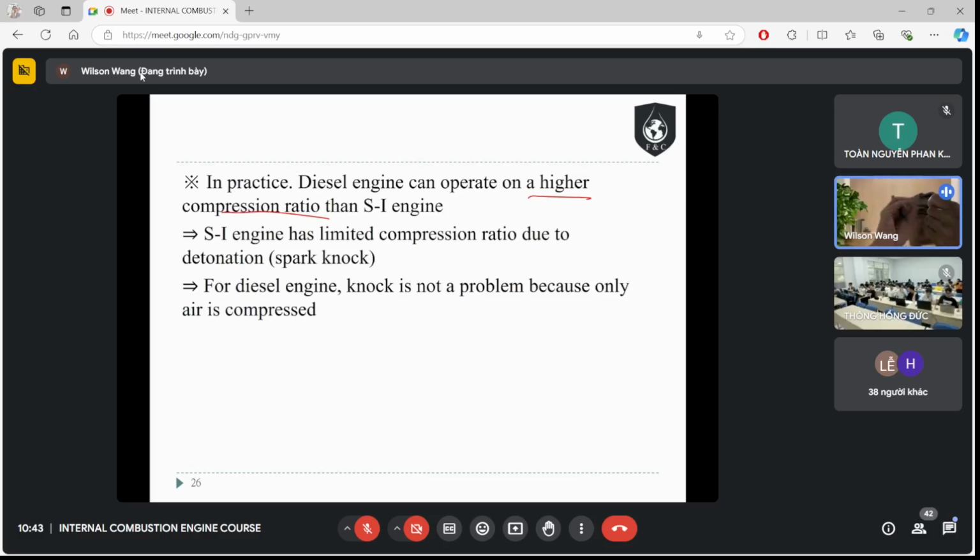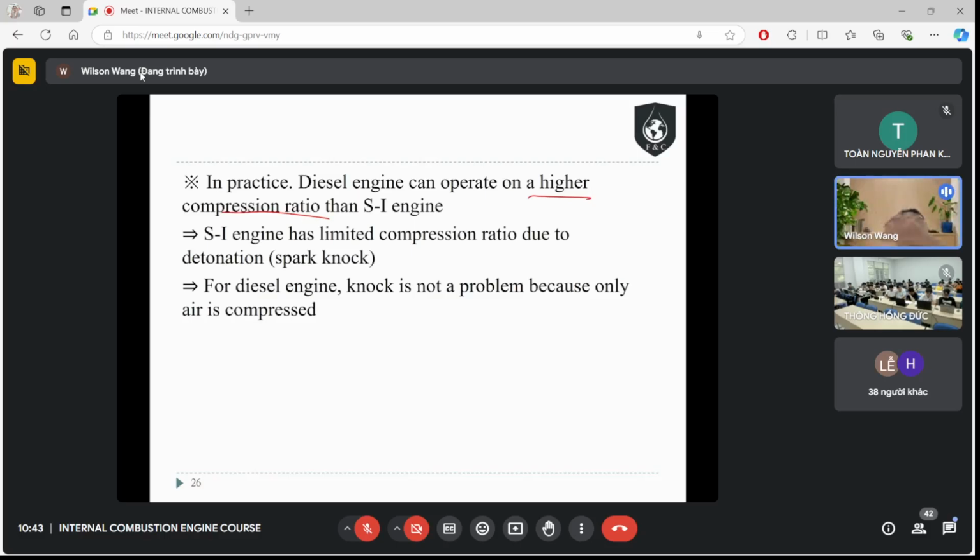So the diesel engine can have a higher compression ratio compared to the Otto cycle, or the SI engine, which we call the gasoline engine.